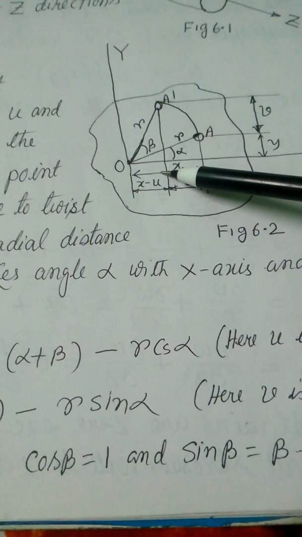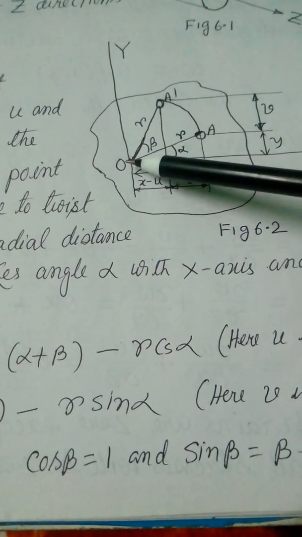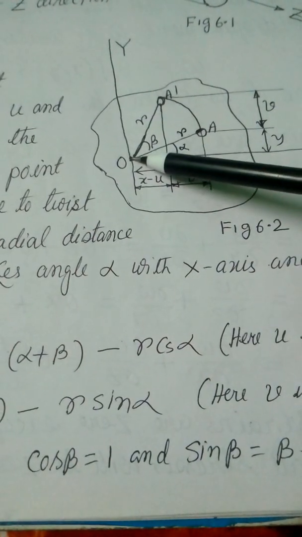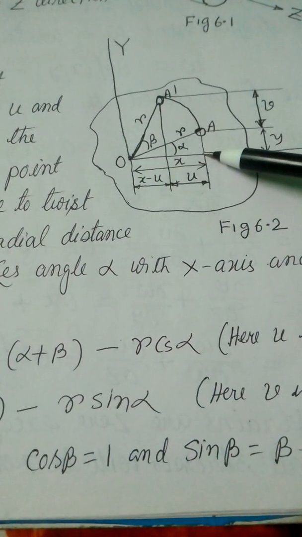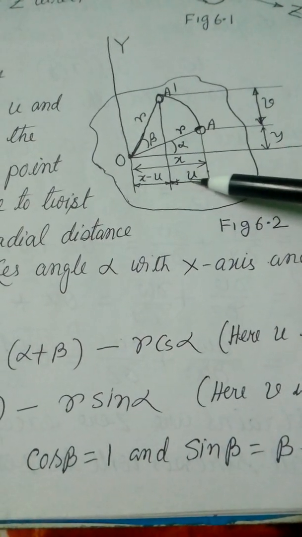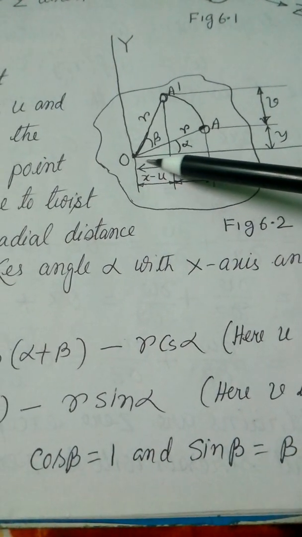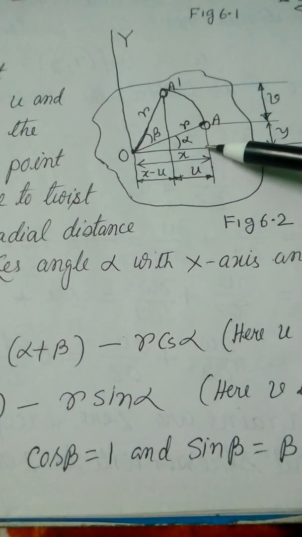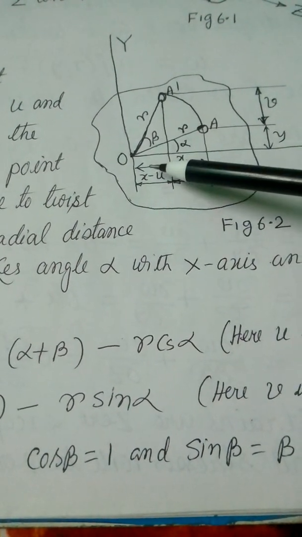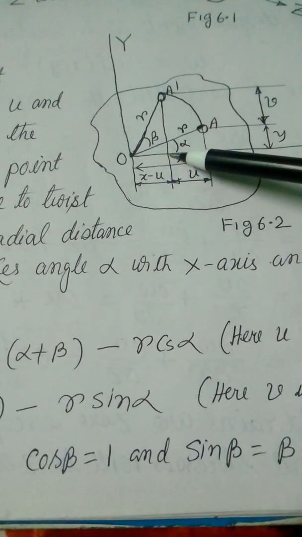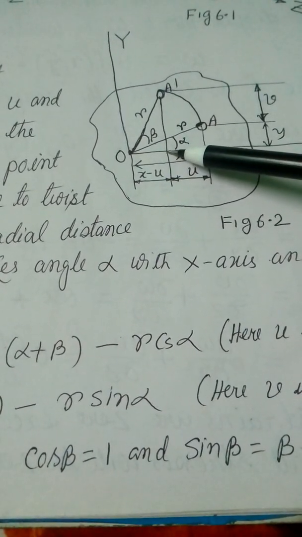Okay, now this one is r cos alpha from here to here. So u is equal to r cos alpha minus r cos alpha plus beta.